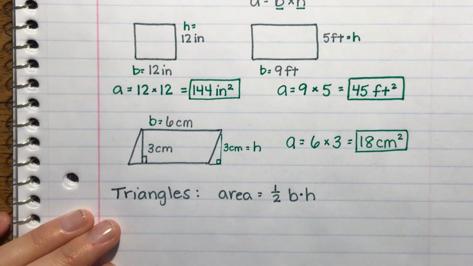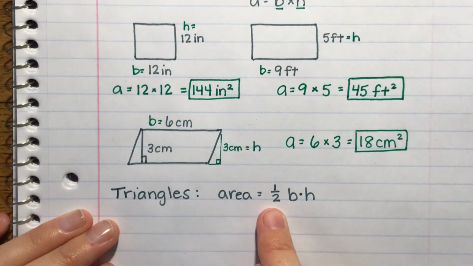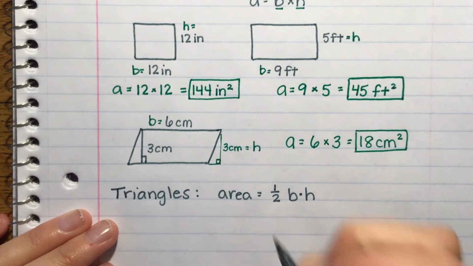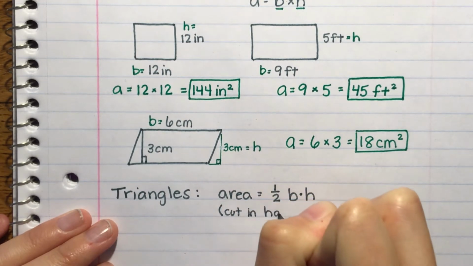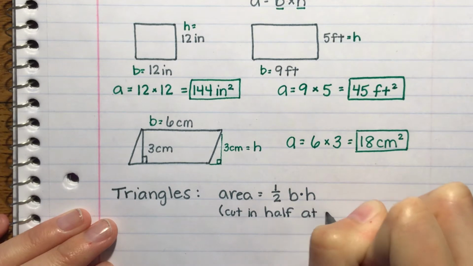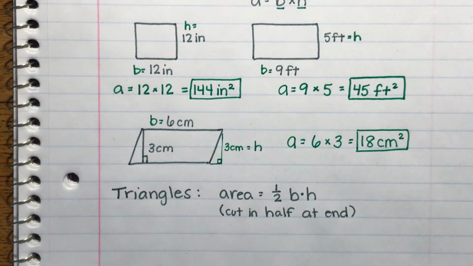So what that means is that I'm going to still do base times height, just like the parallelogram, but then I'm going to cut it in half. So I'll just make that note. Cut in half. I like to do that at the end. Sometimes that makes it easy.